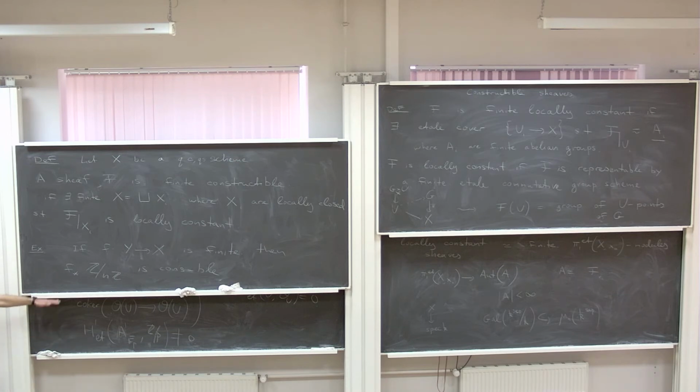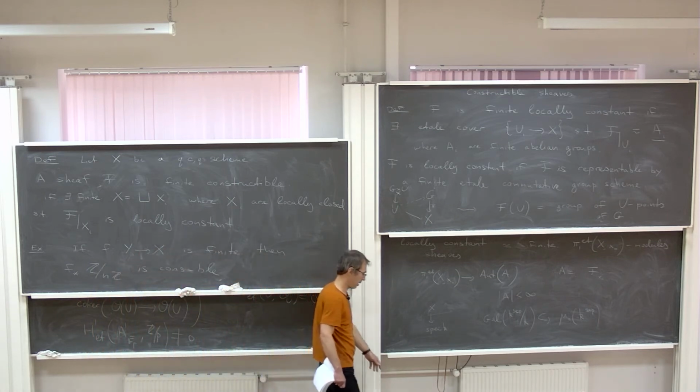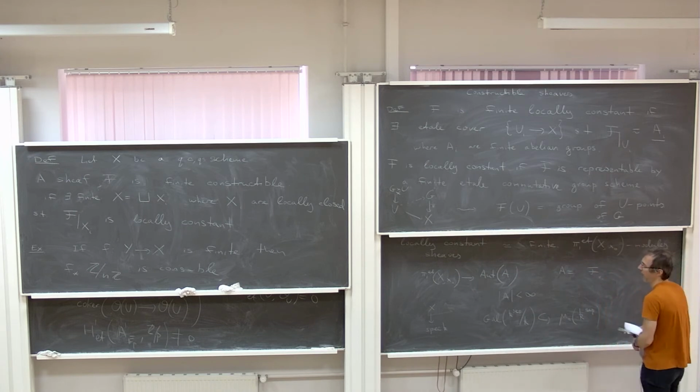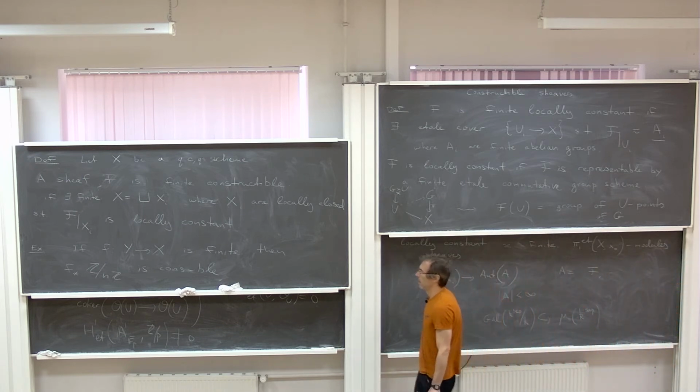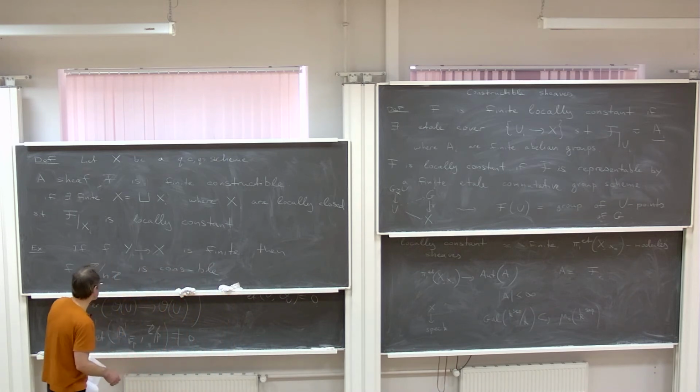So if you just have any finite morphism, let's say in characteristic 0. There is some subtlety here in characteristic p. I will say a few words about this.